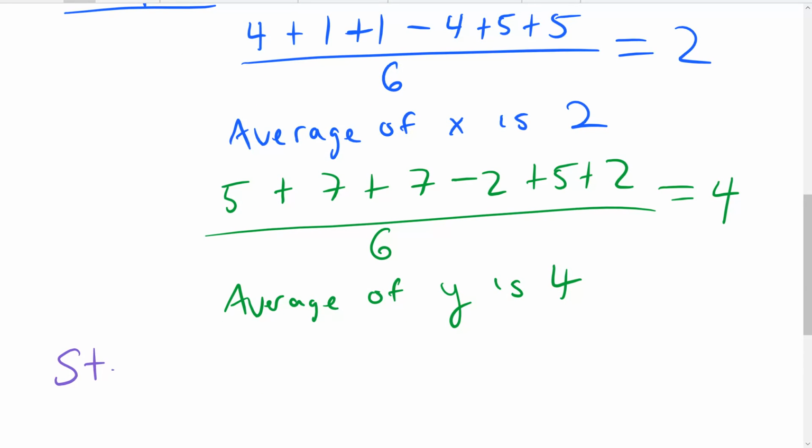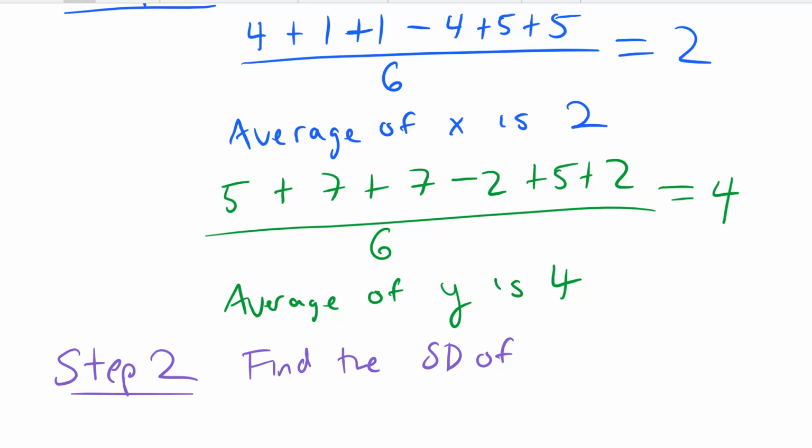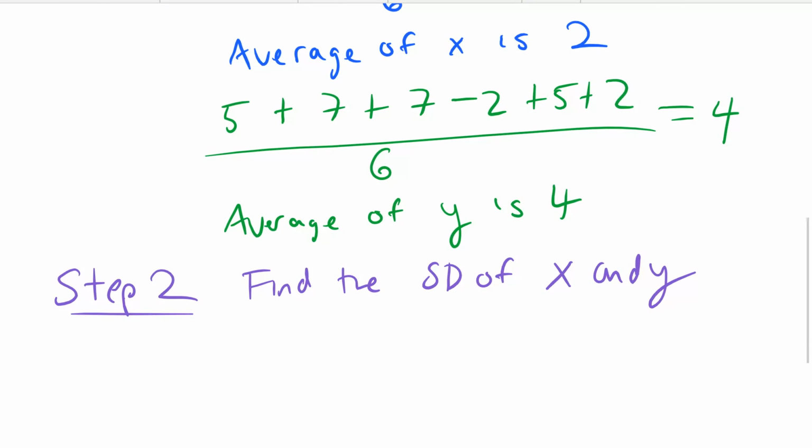Step 2, we want to find the standard deviation of both x and y. Let's start with the standard deviation of x. The list, once again, was 4, 1, 1, -4, positive 5, 5.